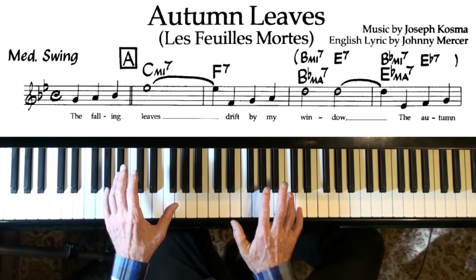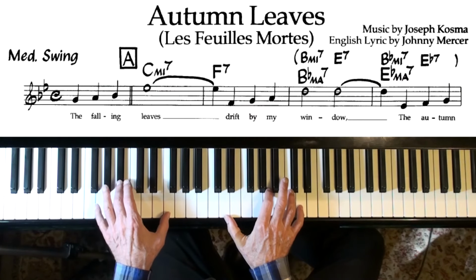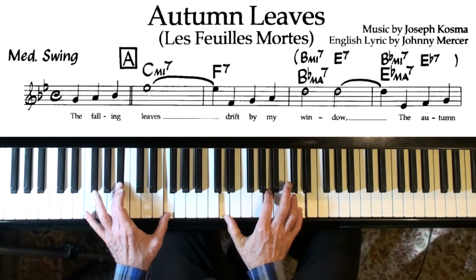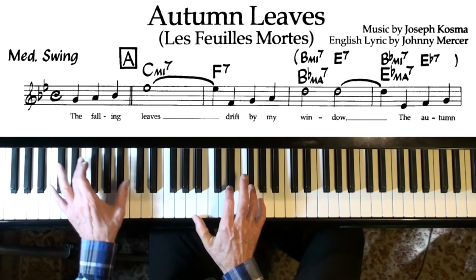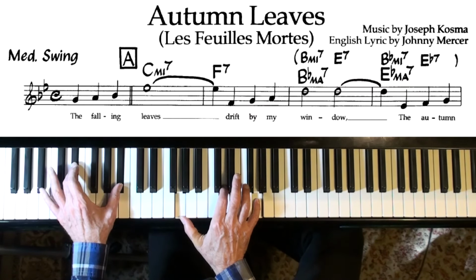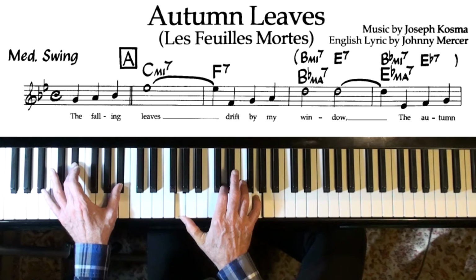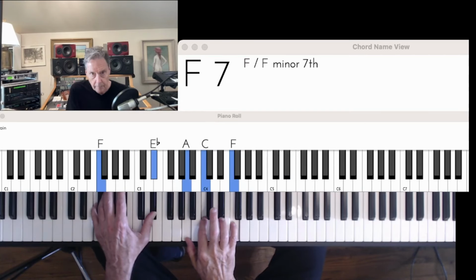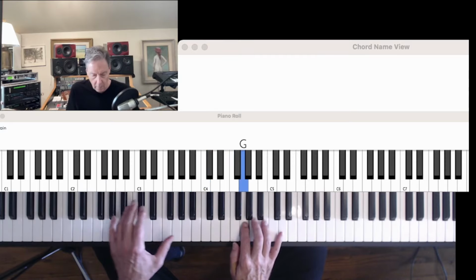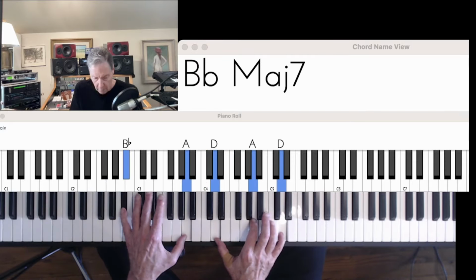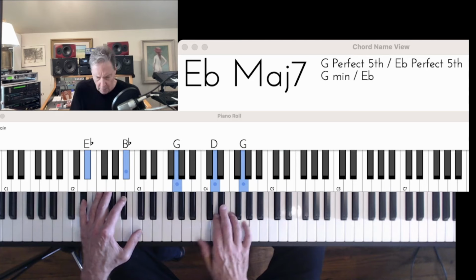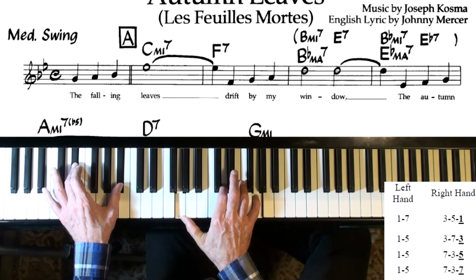And our next melody note is going to be up here on D with a B flat major 7th. And then I'll use this same formula for the next chord, E flat major 7th. Now, here's one that I did not include.